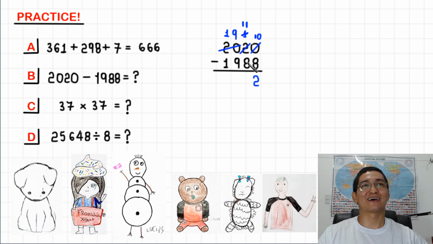And 11 minus 8 equals 3. We can say that because 8 plus 3 equals 11. And here, 9 minus 9, 0. 1 minus 1, also 0. So I can write the 2 zeros on the left, but I don't have to. So the result is 32.